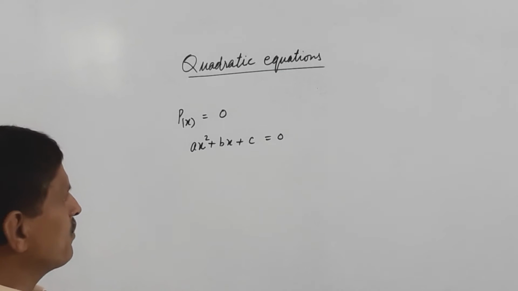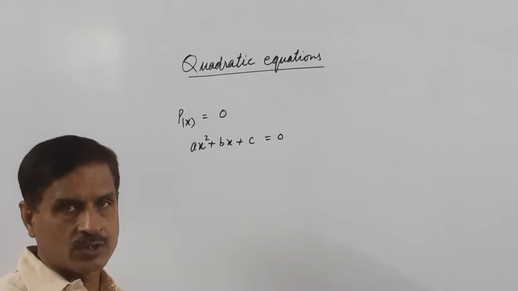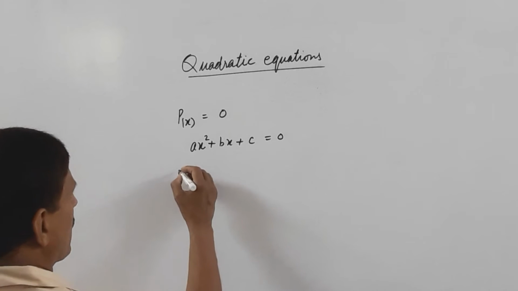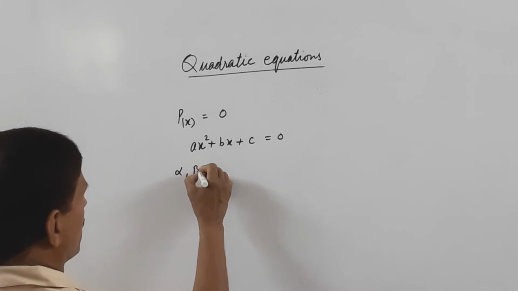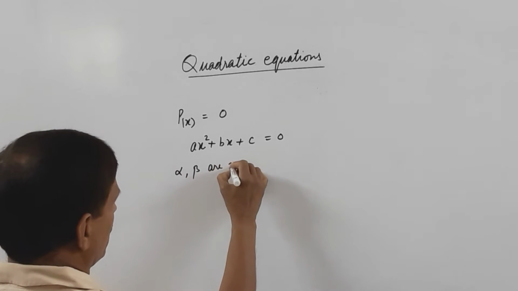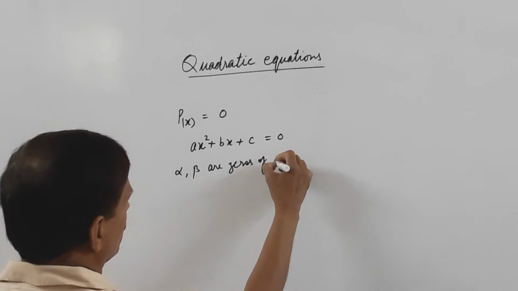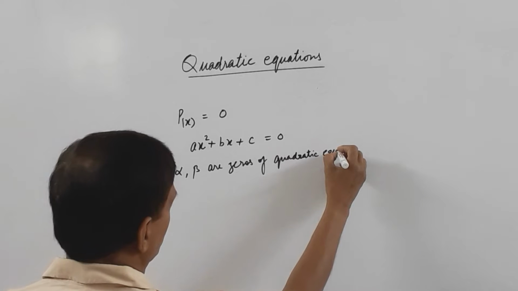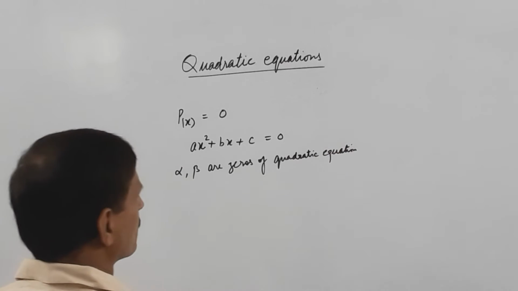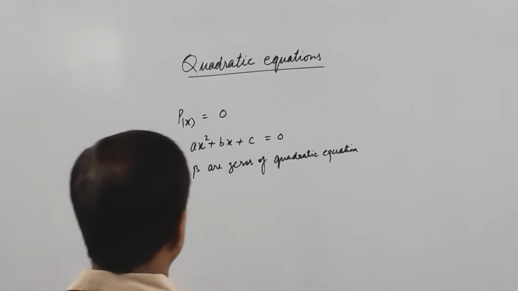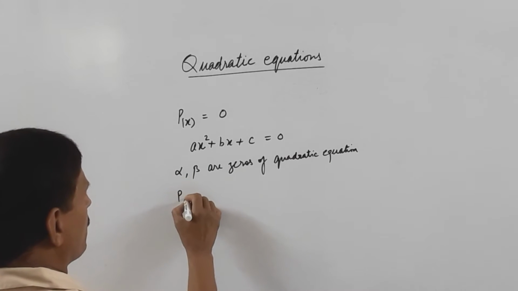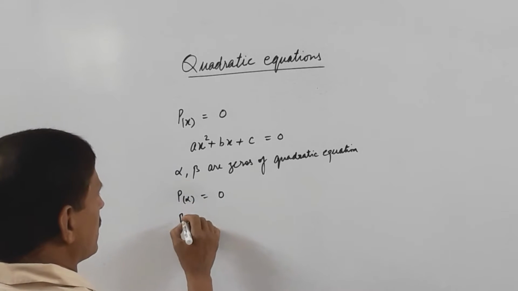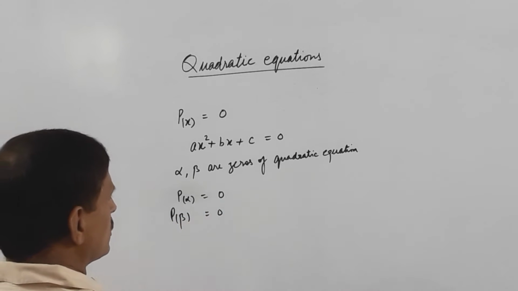Quadratic equations may have at most 2 zeros or roots, and these may be denoted as alpha and beta. If alpha and beta are zeros of the quadratic equation, then P(alpha) is equal to 0 and P(beta) is equal to 0.